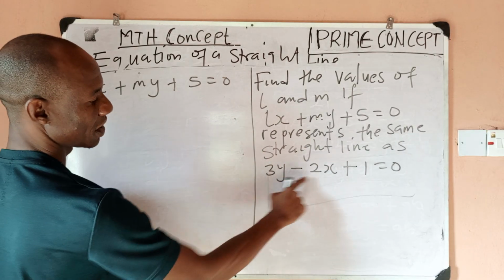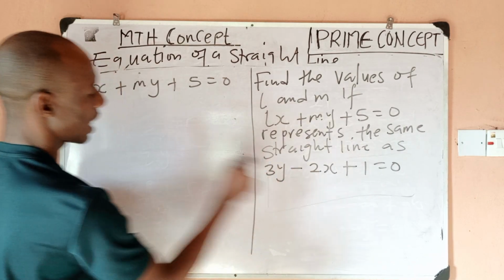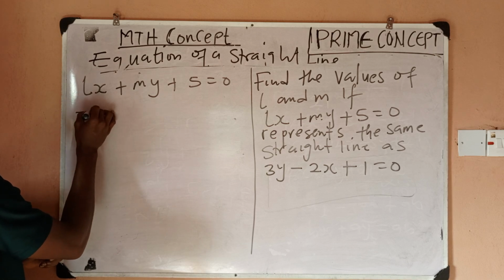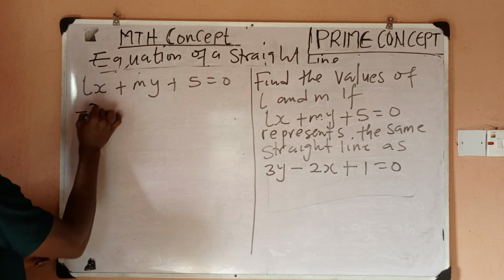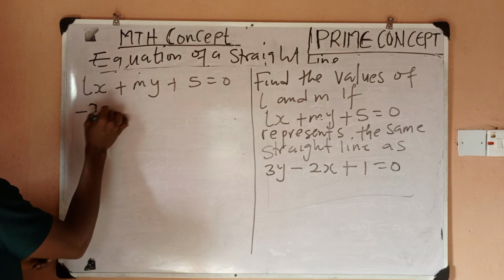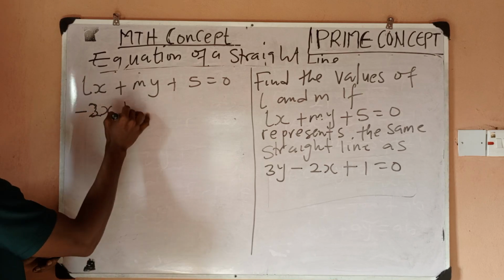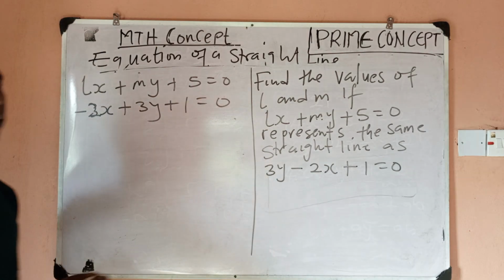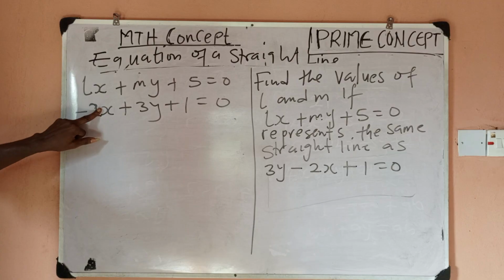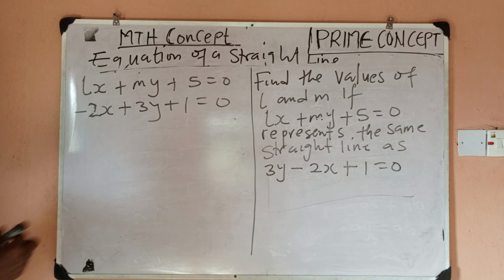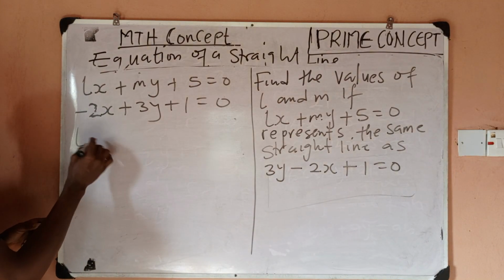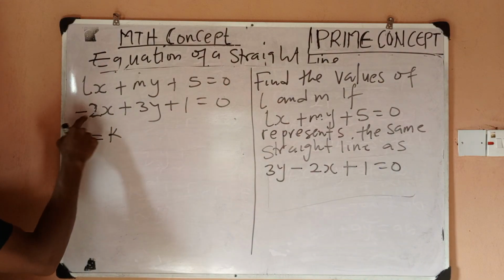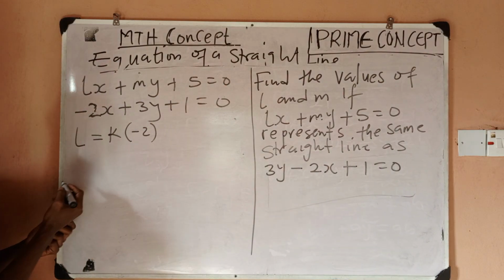For the second one, I'm putting x first, so I would have minus 2x plus 3y plus 1 equals 0, right? So it simply means that L is equal to a constant k times the coefficient here, which is minus 2, right?